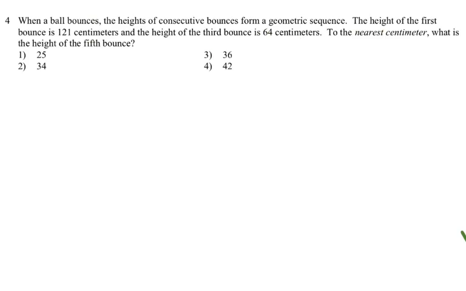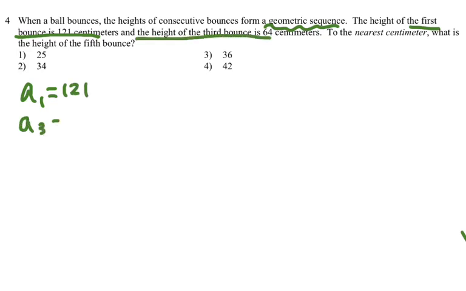So here we have number 4. After the first bounce, the height was 121. And then after the third bounce, it was 64. Now, what is the height after the fifth bounce? And then we realize it was a geometric sequence. So I can say a sub 1 equals 121, and a sub 3 is equal to 64.